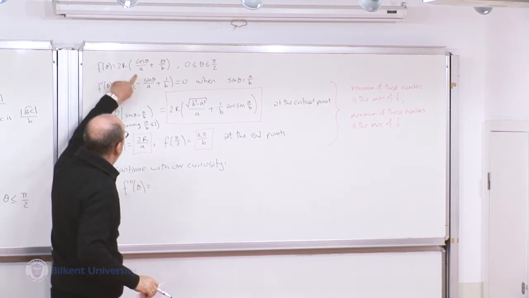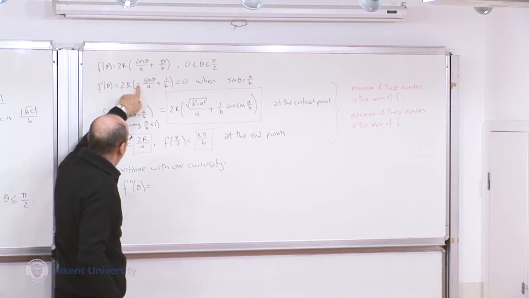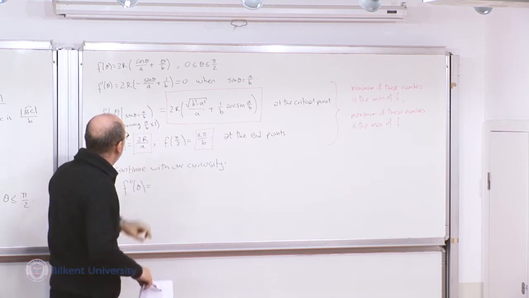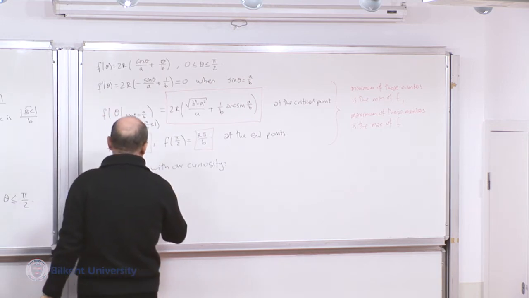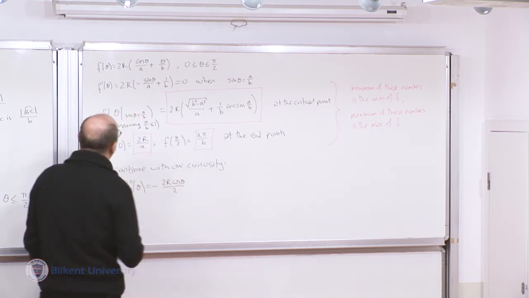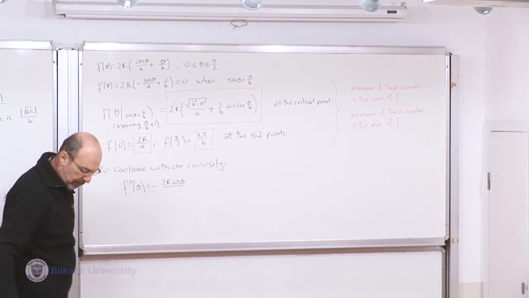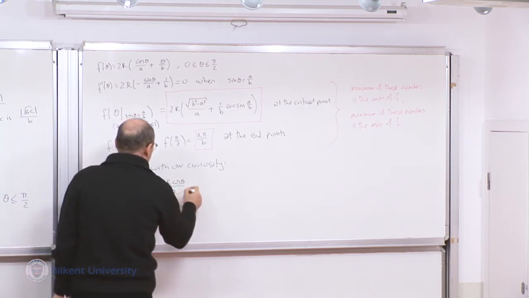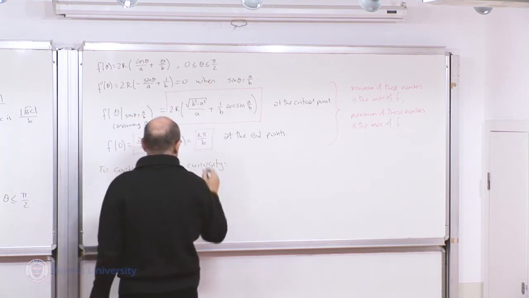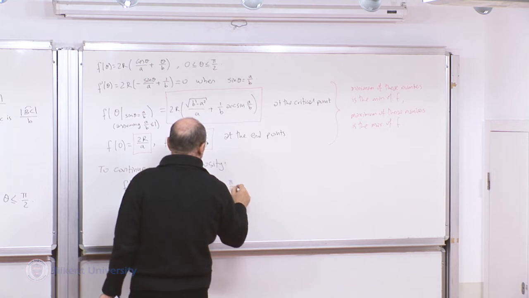So this is the function. This is the second derivative. I take the derivative of sine, I get plus cosine. We're keeping this minus. This is constant, so I have minus 2r cosine theta over a. And note that theta is between 0 and pi over 2.